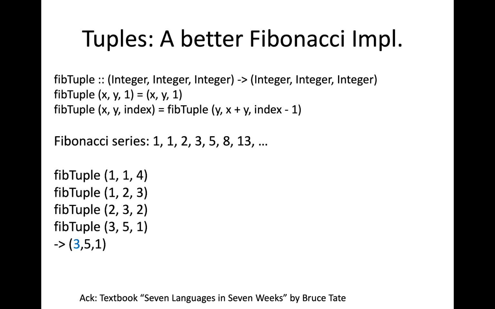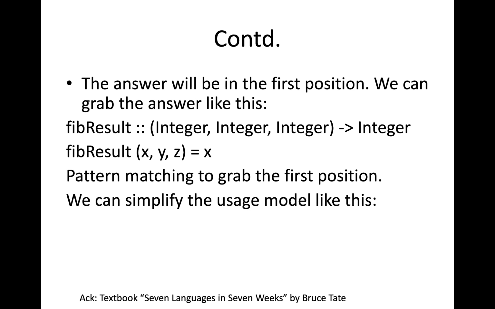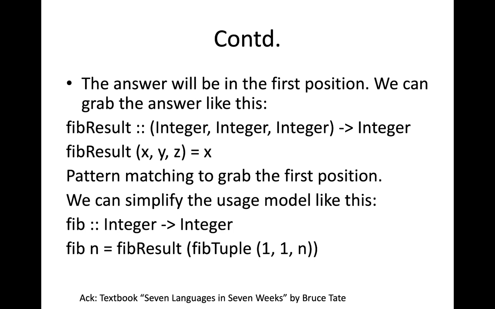So now what job is left? After getting this output, we have to just extract the first component, which is easy. We can just write another helper function, say fibResult, which given 3 things as a tuple just returns the first thing. Now if we combine these two functions together, so we had fibTuple in the previous slide, which we call with 1 comma 1 comma n when we want to compute the nth Fibonacci number, and we know what it returns.